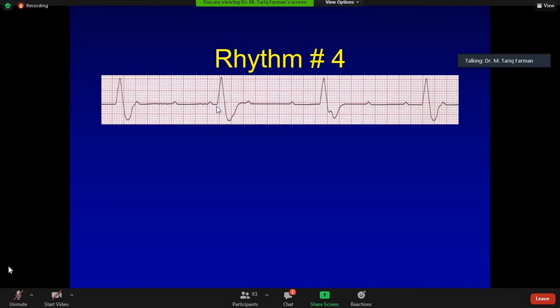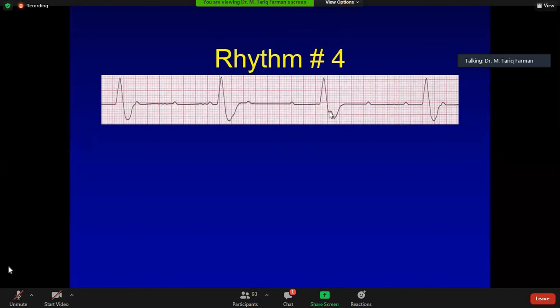And here you can see 1, 2, 3, 4, and 5, 6, 7, 8, 9, 10. It's huge. It's obviously abnormal. So the QRS complex is broad, and then P wave here, PR interval, P wave here, and prolonged PR interval. Then the P wave is here, buried in this QRS complex.